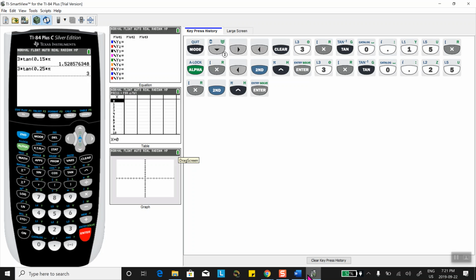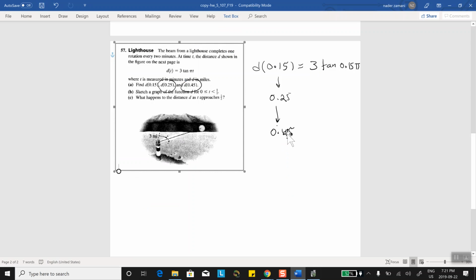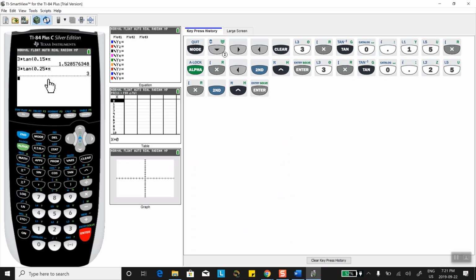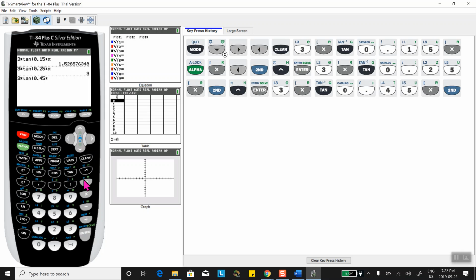And I think the final one was 0.45. So let's go ahead and do that. So 3 times tangent of 0.45 times, again second function pi was right there, and hit return, and that becomes 18.94.